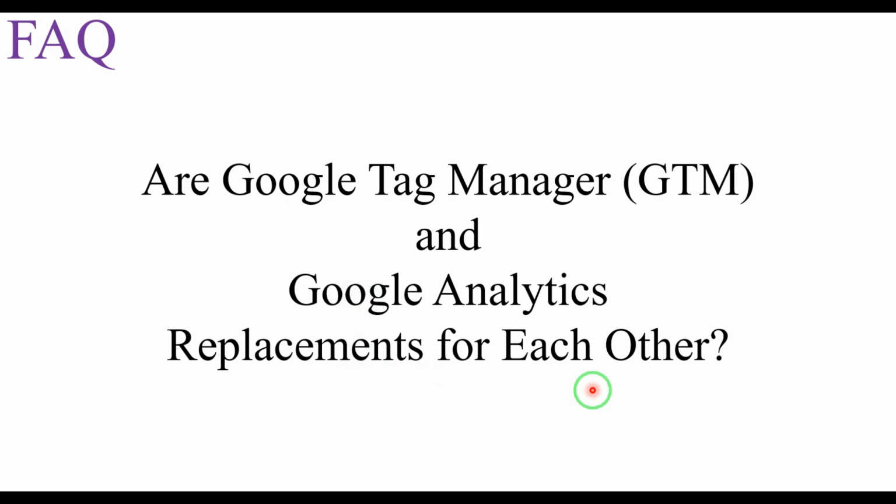They serve different and complementary purposes in the realm of digital analytics and marketing. GTM and Google Analytics are often used together. GTM manages the deployment of Google Analytics tracking codes and any custom event you want to track.